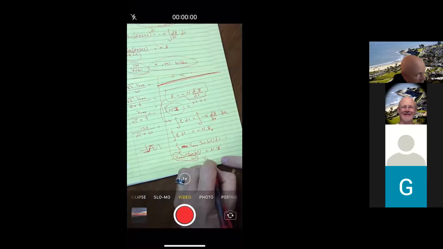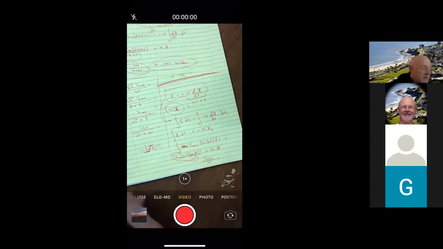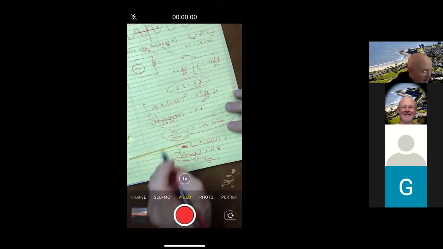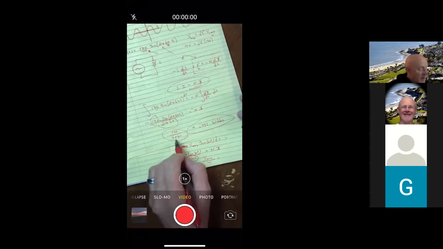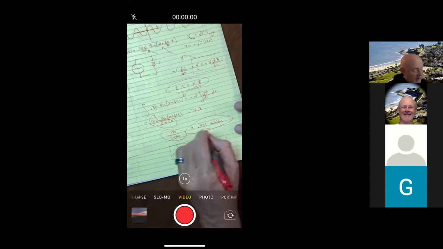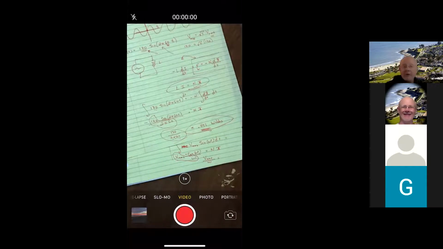So V max divided by omega is the answer. And that's what I have in this calculation. V max is 170, and divided by omega, which is 2 pi 60, gives me the 0.451 Webers.